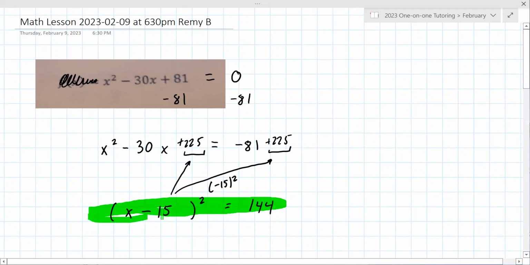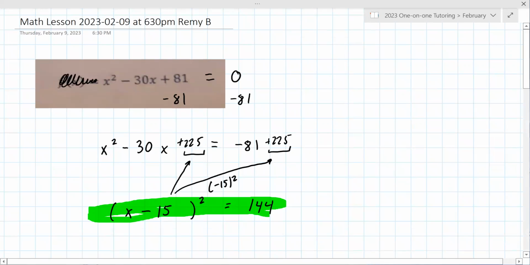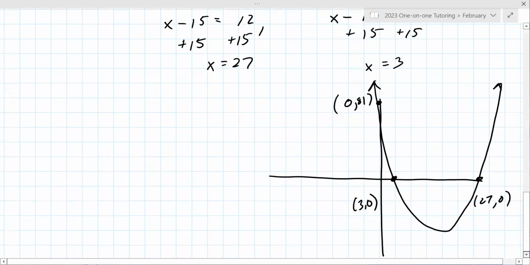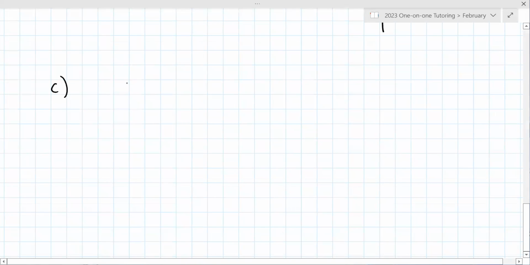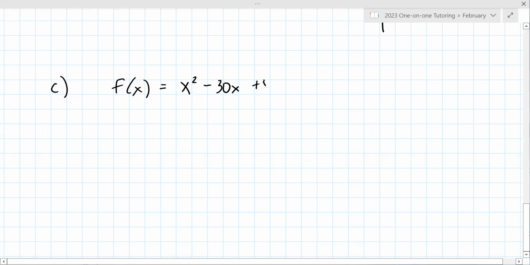All right. So I mentioned earlier we were at this sort of decision point here. So I'm going to grab this again. This is to do part C. It started out as f of x equals x squared minus 30x plus 81, and we converted it to x minus 15 squared equals 144.